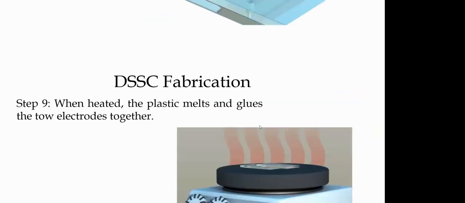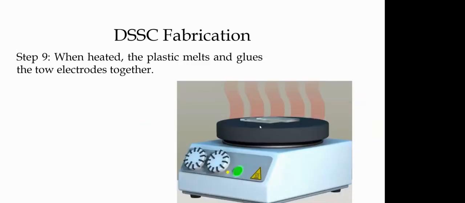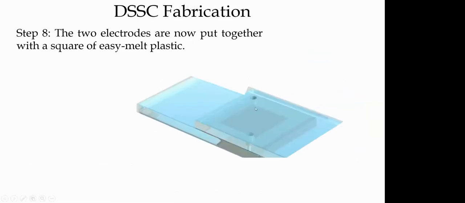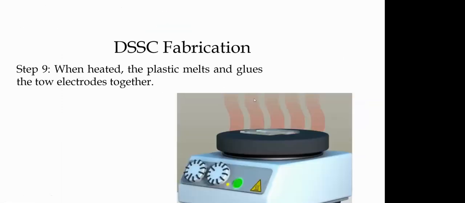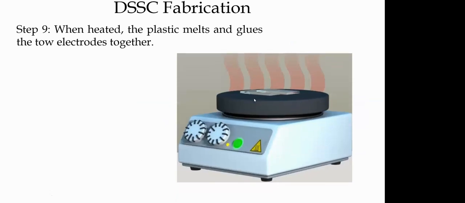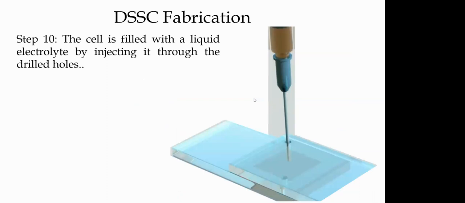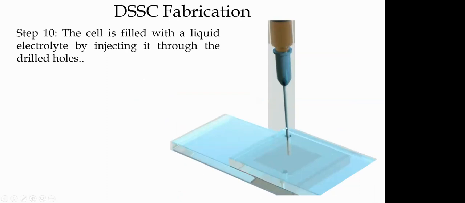So we heated it, so the previous device is combined here so that no space is available for the electrolyte to leak out, and this is achieved by heating it so that it glues properly. Then we pour the electrolyte on top so that it fills the space.